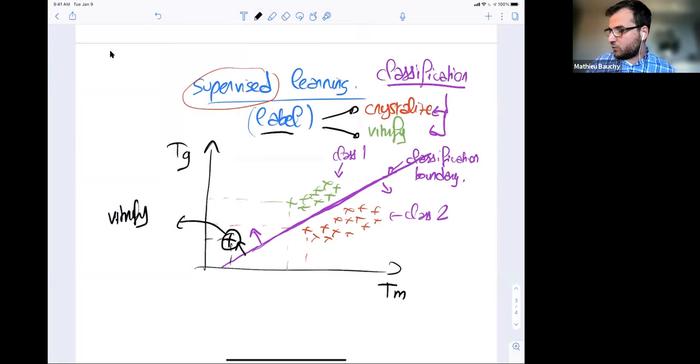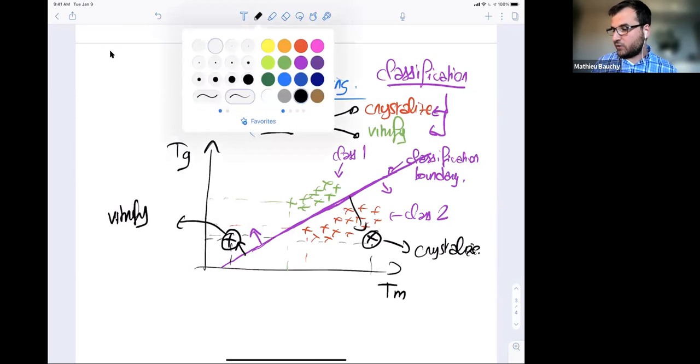On the other hand, if you had a new glass here, and again, you know its glass transition temperature and its melting temperature, now since it's below the classification boundary, then you would be able to predict that this melt will crystallize. So this is the basic step of a classification algorithm.